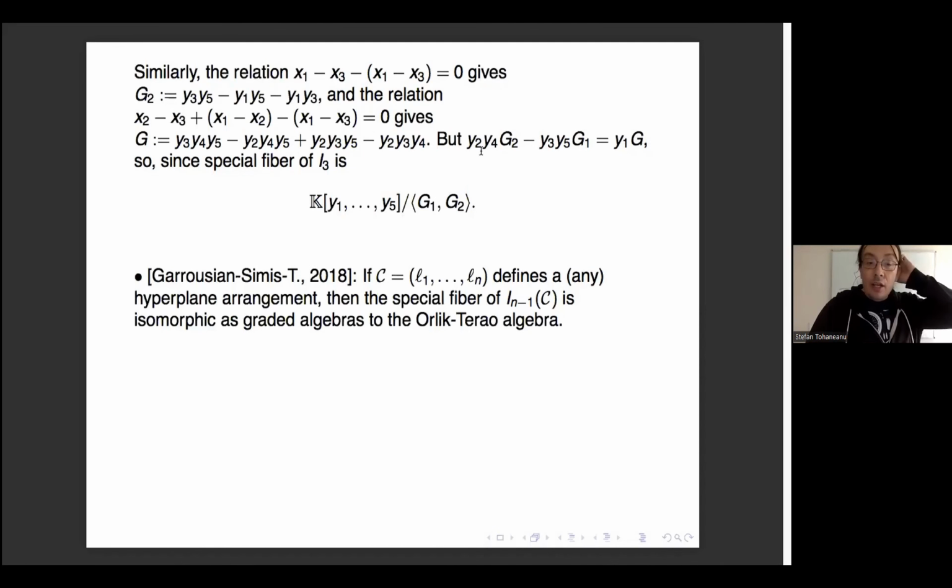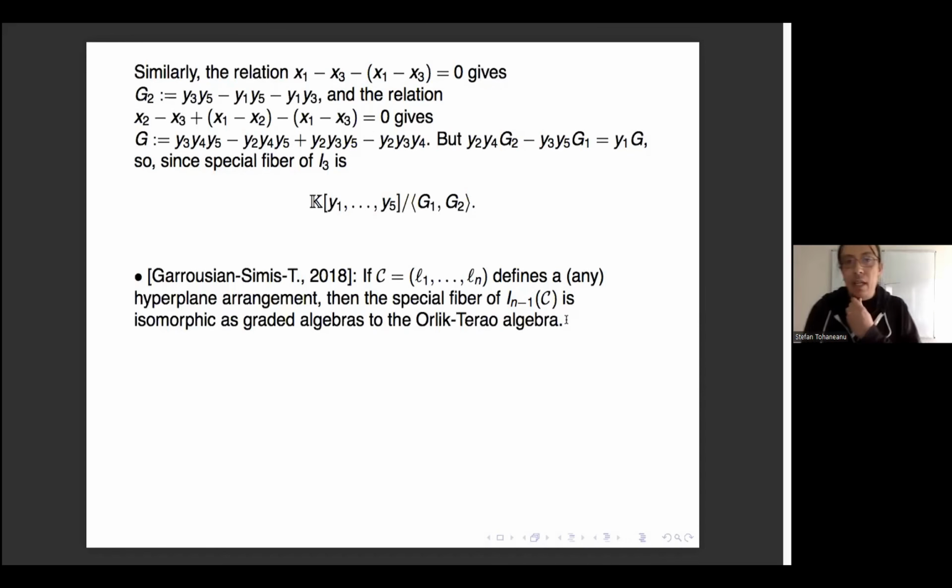So in general, Ahmadi, Aaron, and I show that the special fiber of this particular I sub n minus 1, this particular A, is isomorphic as a graded algebra to the Orlik-Terao algebra. The Orlik-Terao algebra has an interesting story.